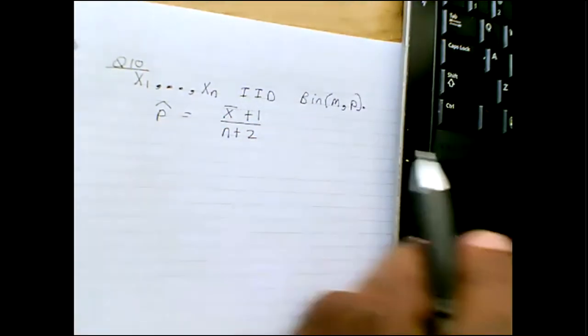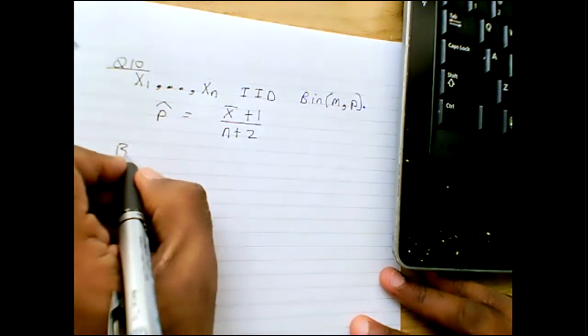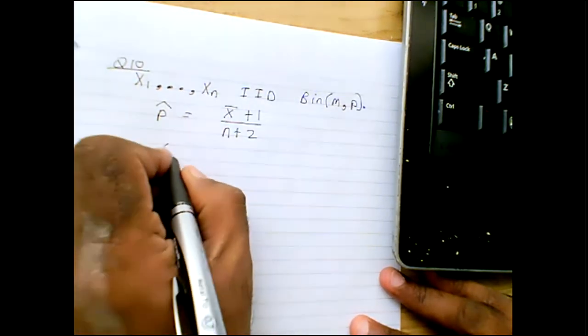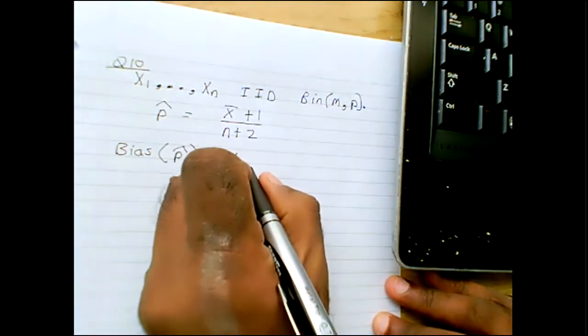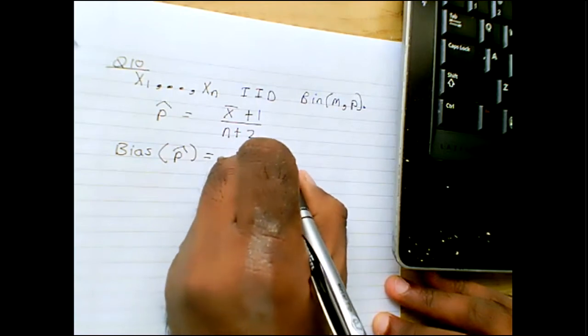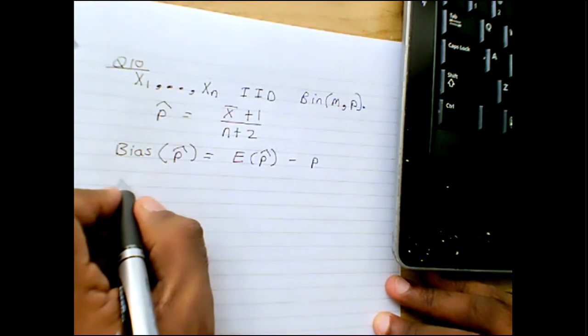The question is to find the bias and the variance of p hat. Let's start with the bias first. Remember, the definition of bias is the expected value minus the parameter that you're trying to estimate.